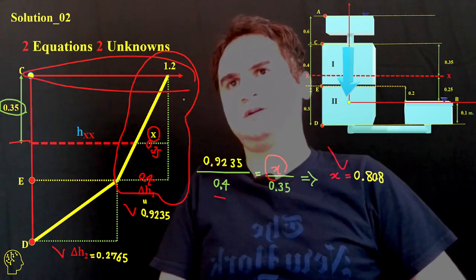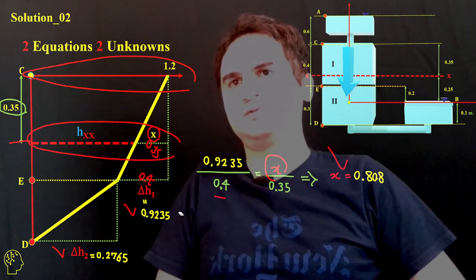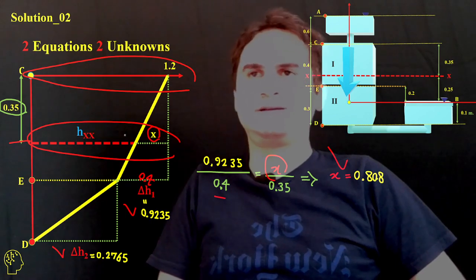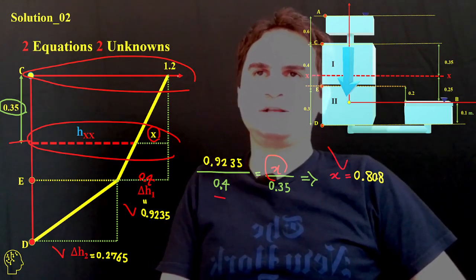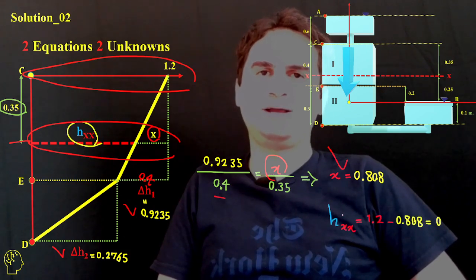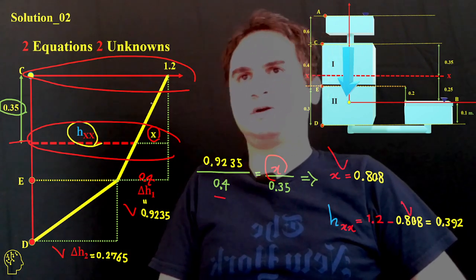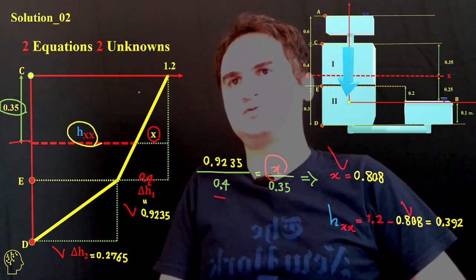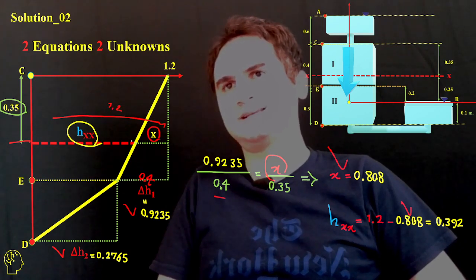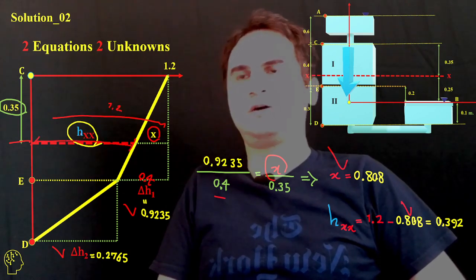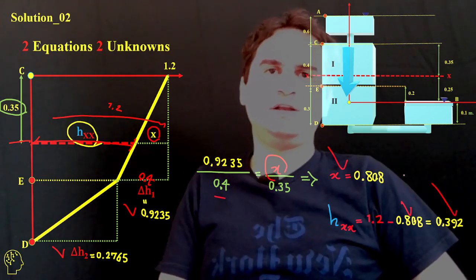These are the same lines, so if you subtract x from 1.2, since this is a triangle and these two are equal, 1.2 minus x gives us the head at the xx line, which is 0.392.